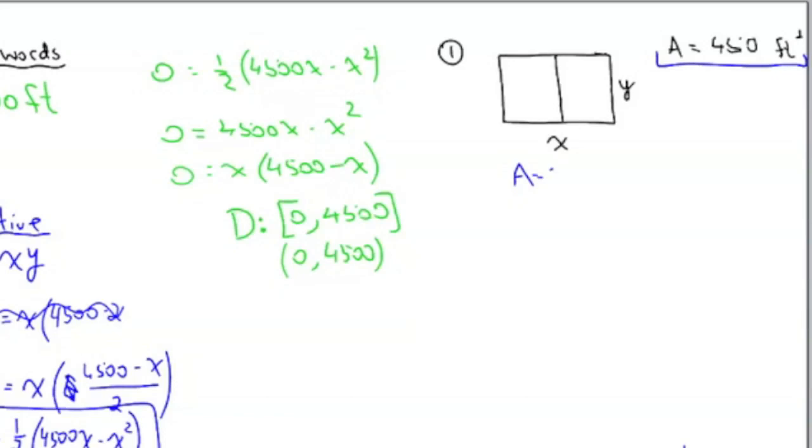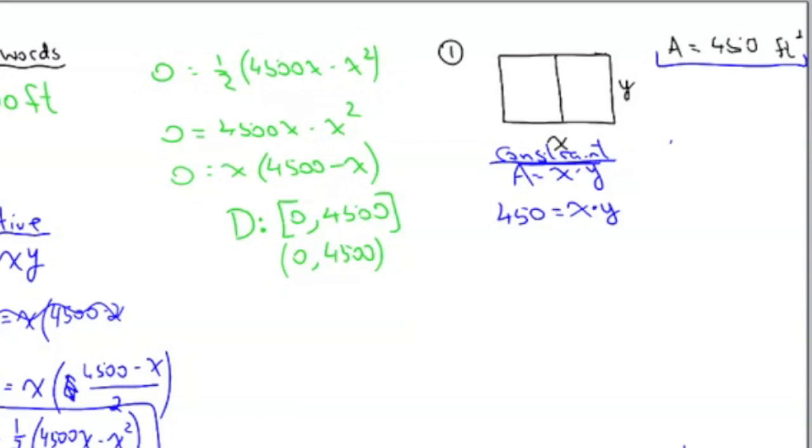Area equals XY. But I know what area is equal to. It's equal to 450. So I get 450 equals x times y. This is my constraint. I have to have an enclosure that has this exact area. Maybe there's some law in the city council to make sure these enclosures are a certain size.